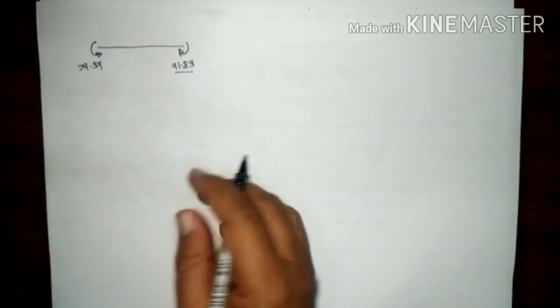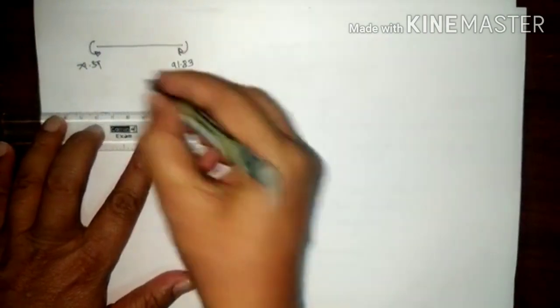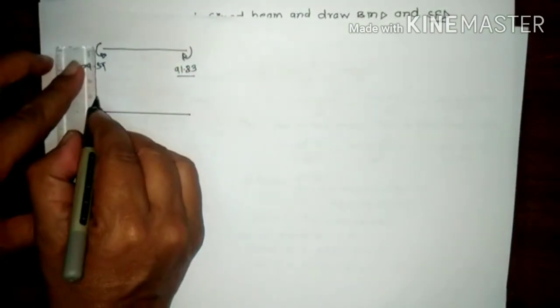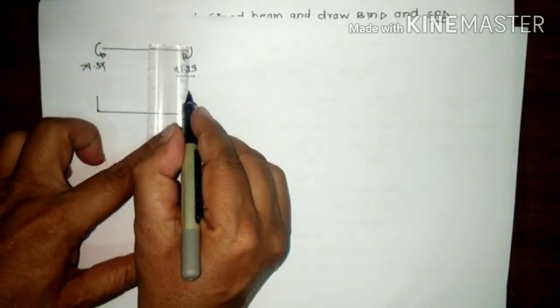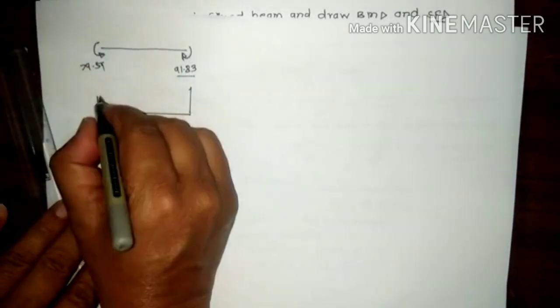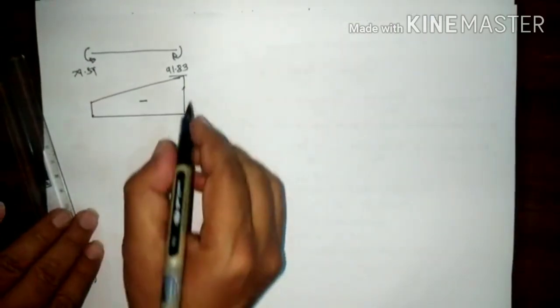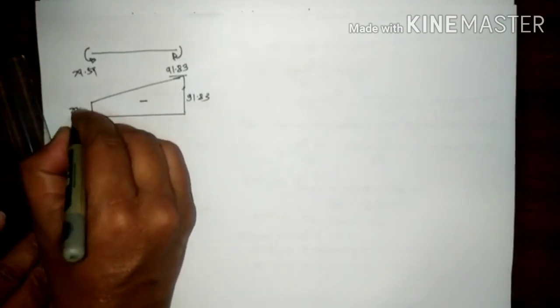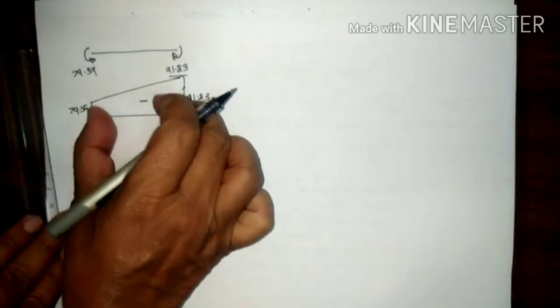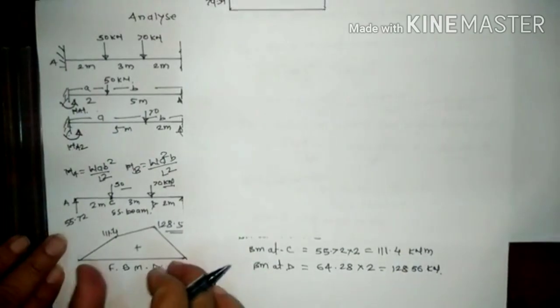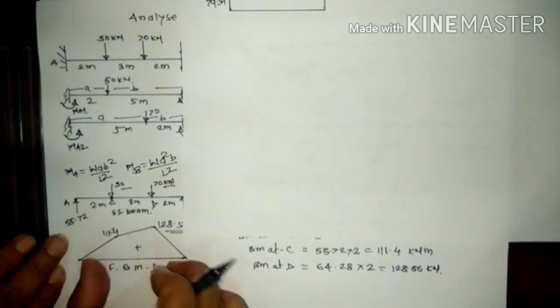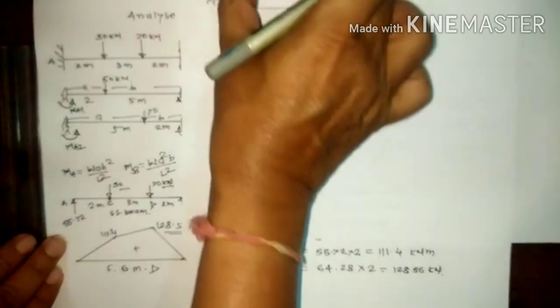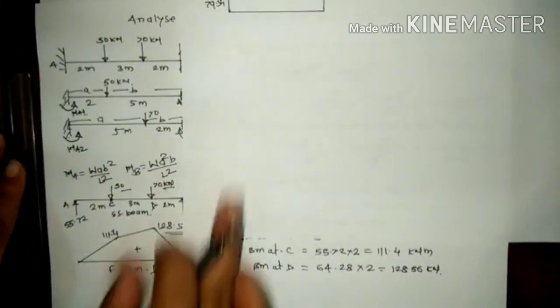So if we draw the diagram, because of hogging it is negative. This diagram is negative because these are the hogging reactions, 91.83 and 79.59. So superimpose this diagram over this diagram. Suppose we superimpose this diagram here.